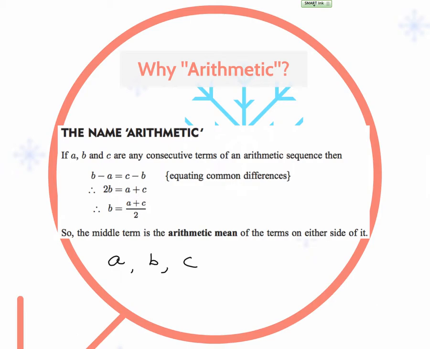Well, I'm adding up two things, A and C, and dividing by 2. So that's where that term arithmetic comes from: to find that middle term, it's actually the average of the other two. So we're not going to use this too much, but B is halfway between A and C, so it's the arithmetic mean. Just a little extra knowledge for you.